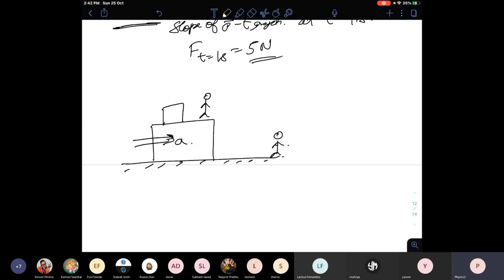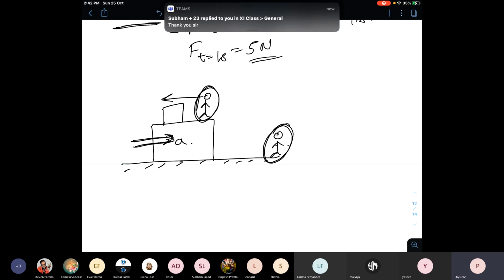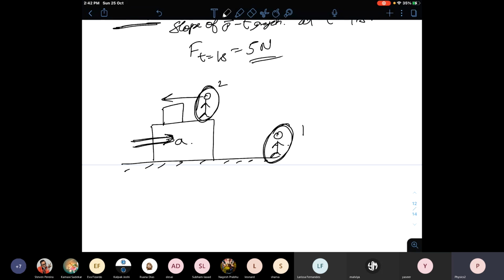So it is something like this only. When this bigger block is having acceleration a, this man will experience a force in the backward direction. But the man on the ground won't feel any force. He will be standing there only, and he will say that you are having acceleration a. Let's name these as 1 and 2. Observer 2 will say that I am experiencing a force in the backward direction, but observer 1 will say I am experiencing no force.